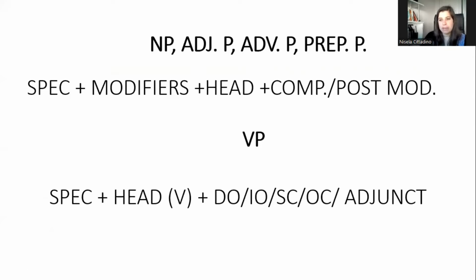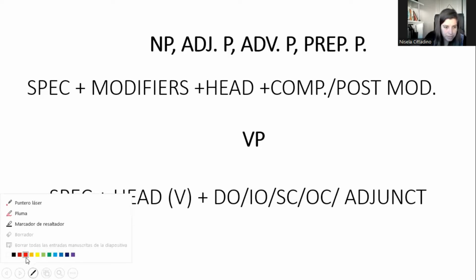I don't know if a new way, but adding some elements and changing some words for next year. Yes, I want to clarify that for noun phrases, adjectival phrases, adverbial phrases, and prepositional phrases, this is the most likely structure that you may find.